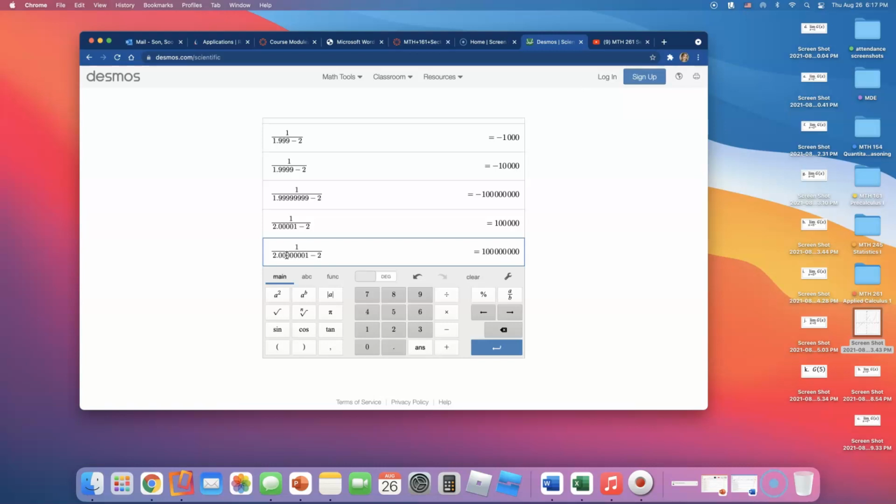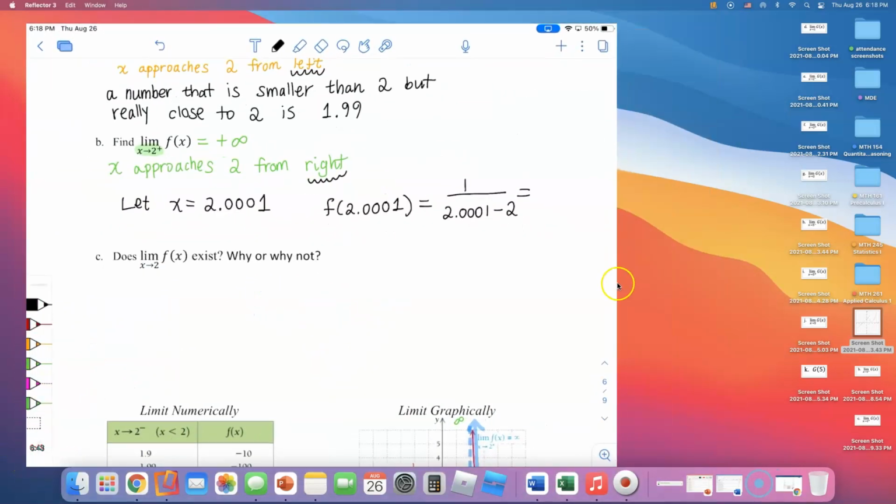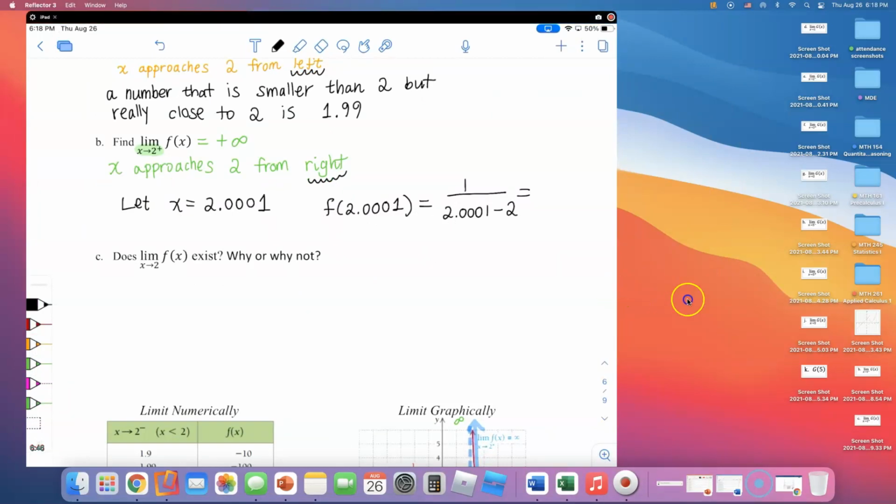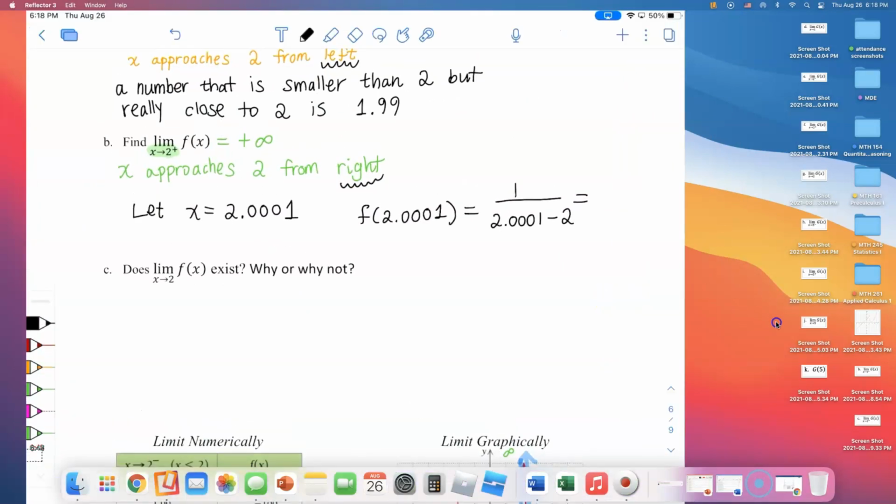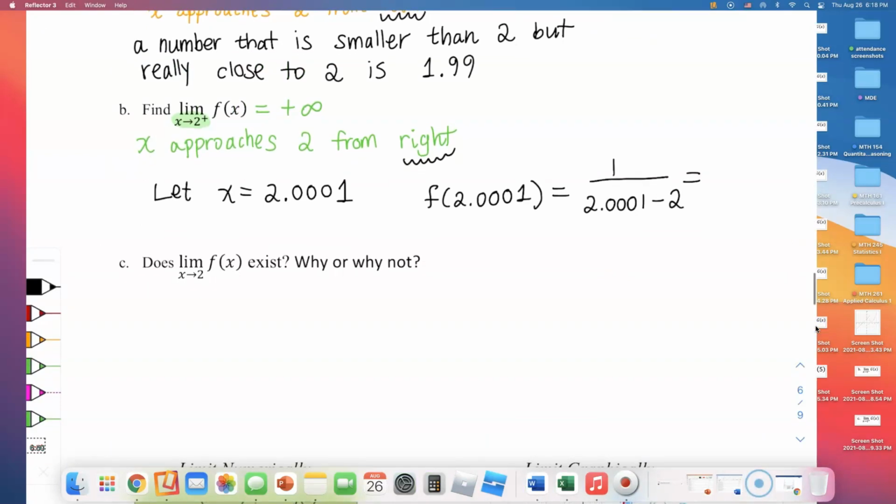So we looked at two one-sided limits. From the left, it was going down to negative infinity. From the right, it was going up to positive infinity. So let's go ahead and find a general limit. All right, give me one second, I was just having a bad connection moment. Well, we saw that when we plug this in, I forgot the actual numerical value.